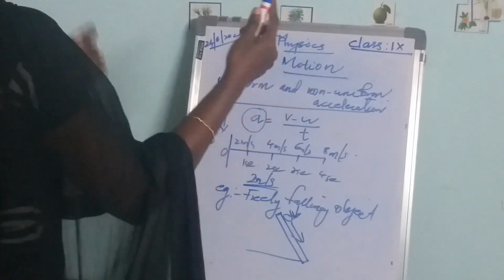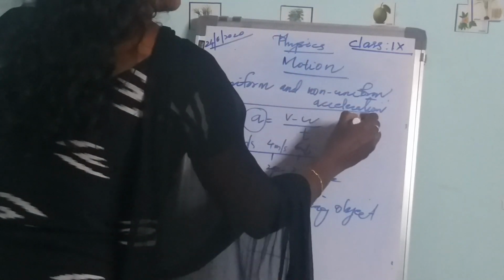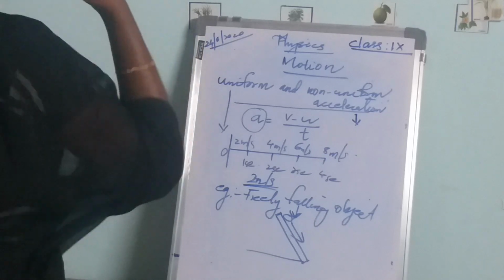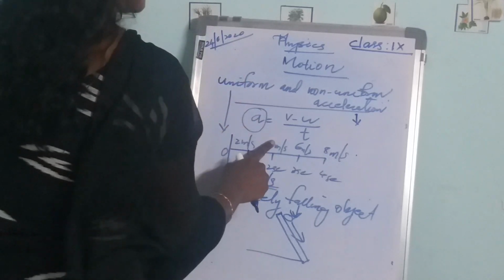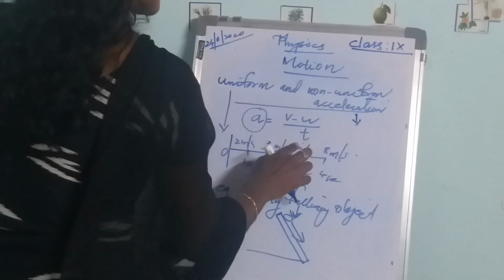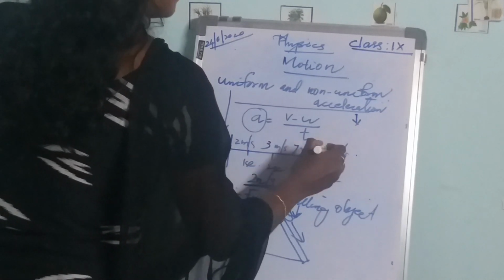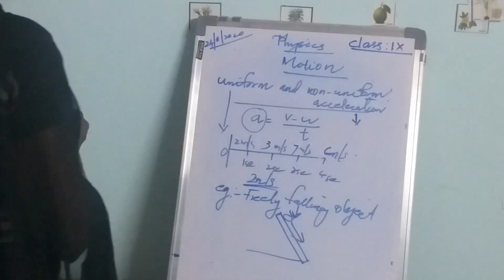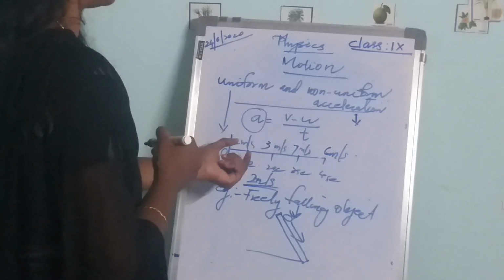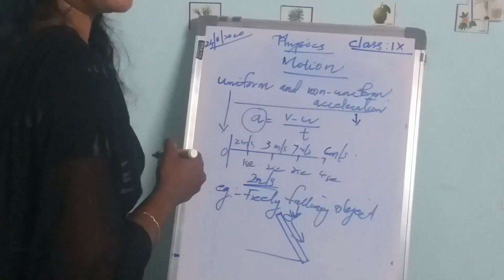Then come to non-uniform acceleration. Here the change in velocity is not constant, and here we have 3 meter per second, then we have 7, and here we have 6 meter per second. That is the velocity. The change in velocity is not a constant.